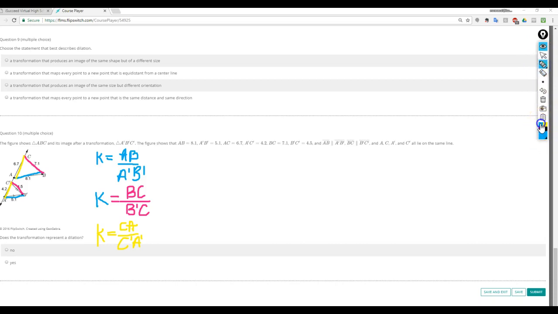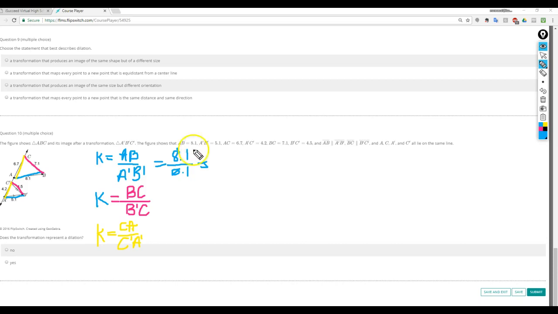So if there is a dilation, then all of our scale factors will come out to be the same number. So the length of AB is 8.1. The length of A prime B prime is 5.1. And I'm going to use the calculator and just do 8.1 divided by 5.1. Find out what that number is.